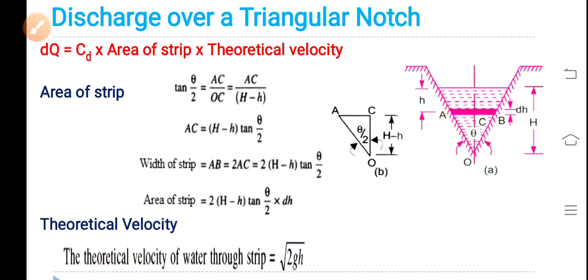Now dq, that is the discharge through the elementary area, is equal to CD, coefficient of discharge, multiplied by the area of the strip multiplied by the theoretical velocity. What is the area of the strip? Unlike the rectangular notch or weir, in this case the area is varying, as you can see in the figure. So tan theta is equal to AC upon OC.